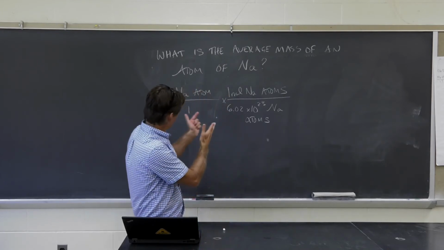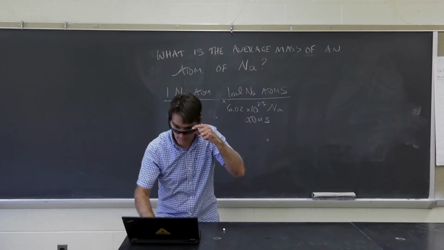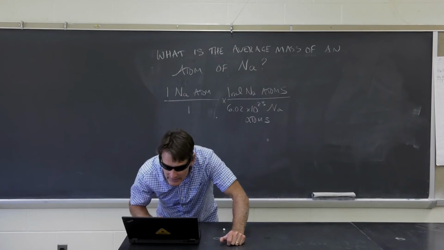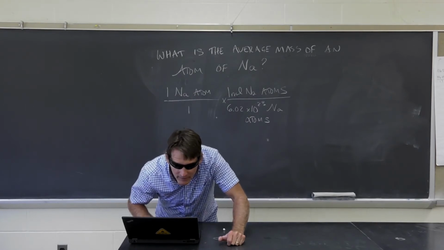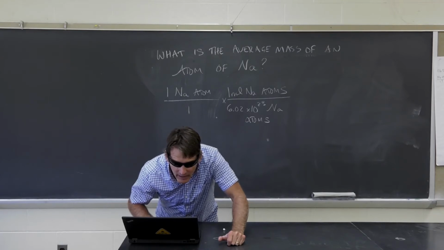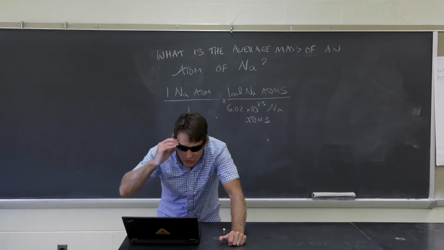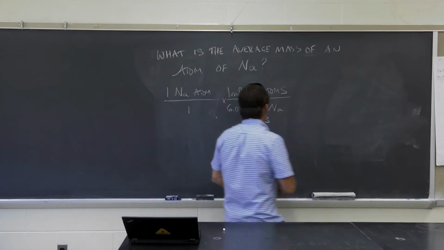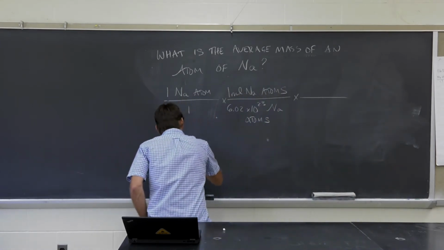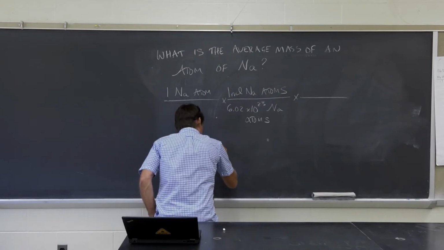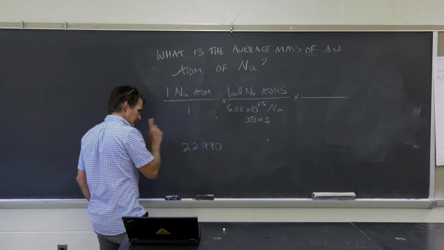That's the connector that connects grams and moles. So I'm going to look at sodium on the periodic table. And I'm going to see that it says, oh, it's a little tough to see. Let's see if I can blow this up a little bit. Yep. Down beneath sodium, element number 11, it says 22.990. What's that tell me? Ah, that's right.